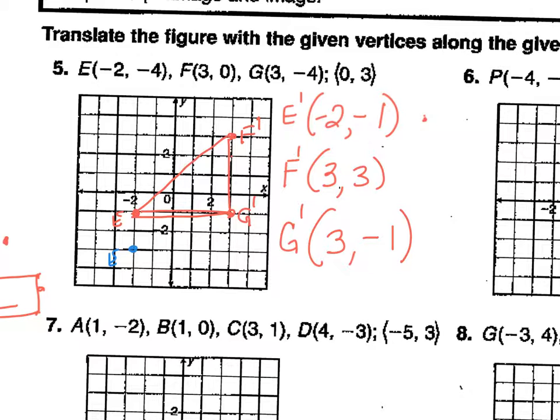And then it's, yeah, just give me a minute, hold on. So it's 3, 0. That's F. And G is 3, negative 4. So when you connect those points, I'm going to use a different color here so that I can indicate, in this case, you have your highlighter. So what you're doing is just moving the points 3 units up, because that's what this is.